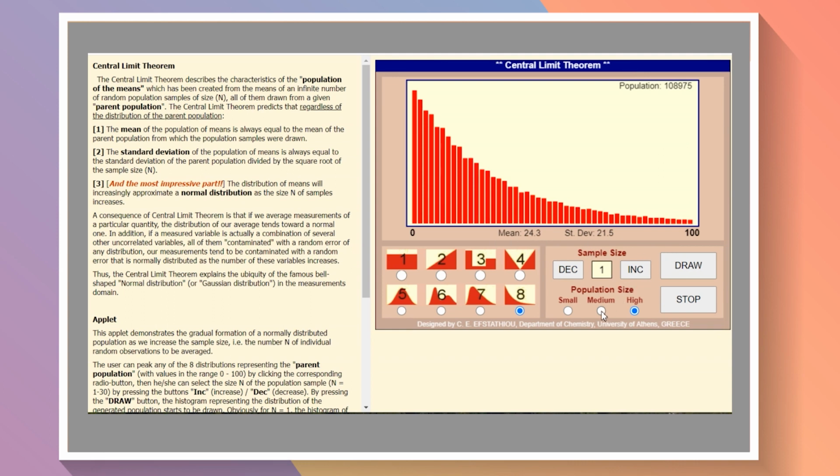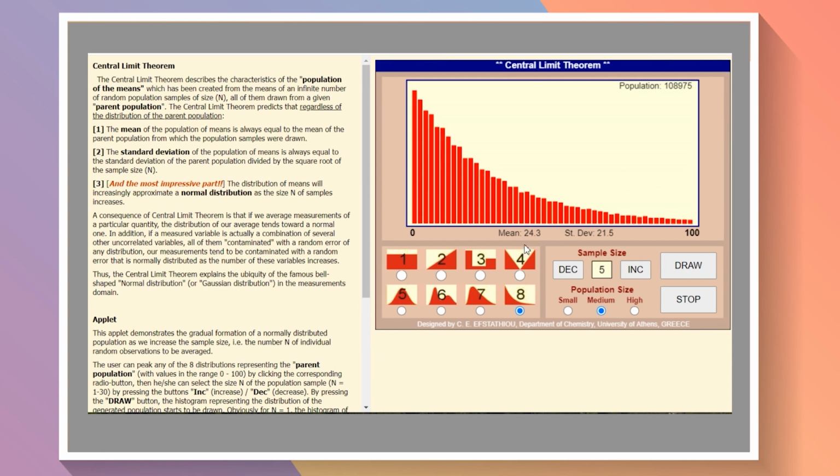Now let us choose the population size medium, and here we can increase the sample size by pressing the button INC, increment, and if you want to decrease, you can use DEC. So let us increase the sample size to 3. Okay, let us have the sample size as 5. And now here on the left hand side, we will see the central limit theorem, the three characteristics.